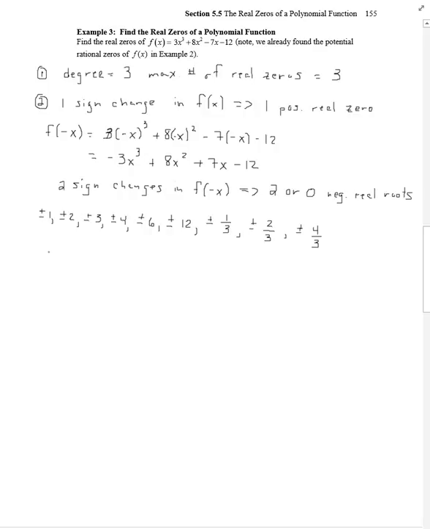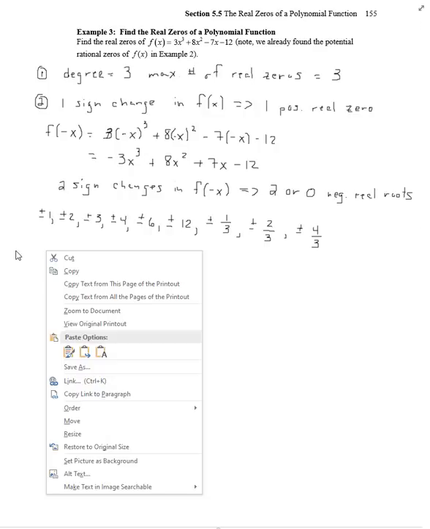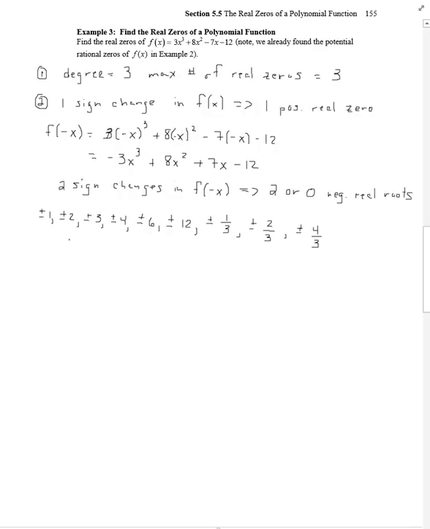Now remember, we have the theorem that says if we plug one of these possible roots into our equation, and we get 0, then that means that it's a solution and a factor. So, if I plug in 1, I get 3 times 1 cubed plus 8 times 1 squared minus 7 times 1 minus 12, which gives me negative 8.